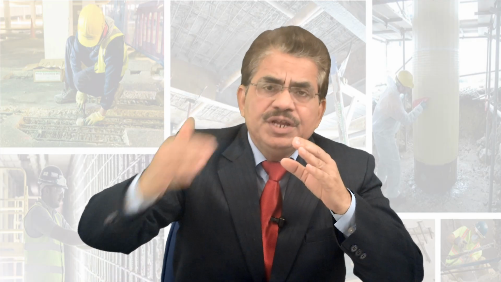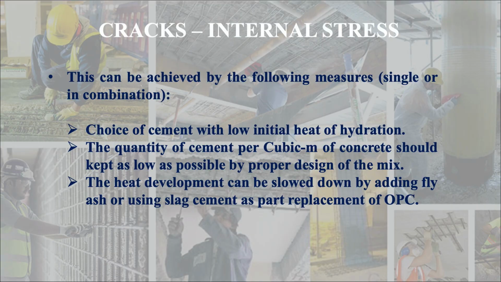Means more cement may cause more cracks because more heat will be involved in that case. The heat developed can be slowed down by adding fly ash or using slag cement as part replacement of ordinary Portland cement.